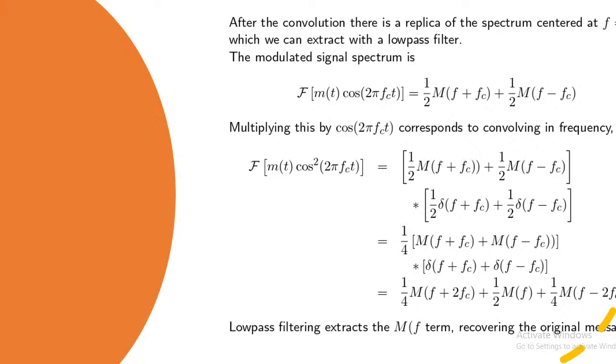The convolution will ultimately lead to 1 by 4 m of f plus 2fc plus half m of f plus 1 by 4 m of f minus 2fc. Now using low pass filtering, we will get back the original signal m(f). So we recover the signal. This is the mathematical explanation using the Fourier transform.